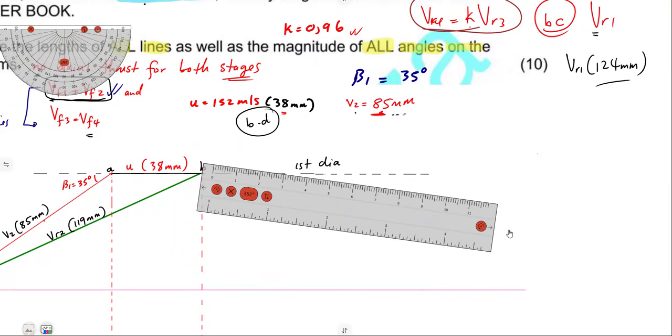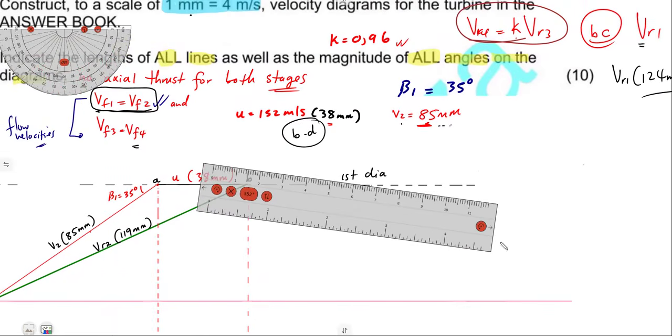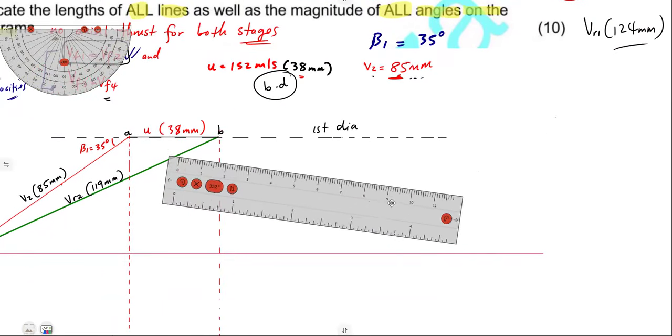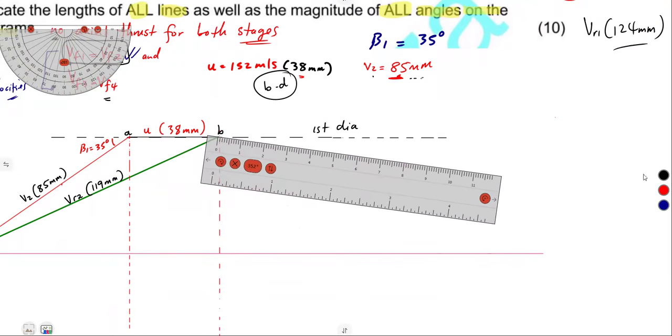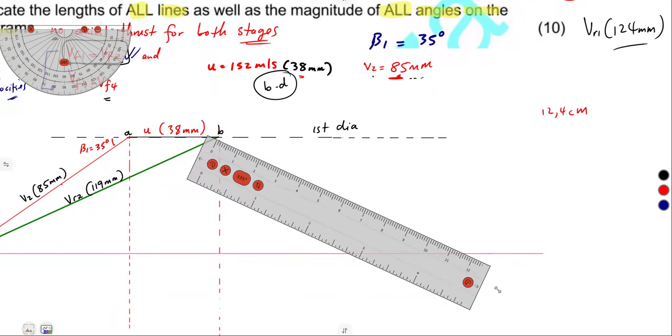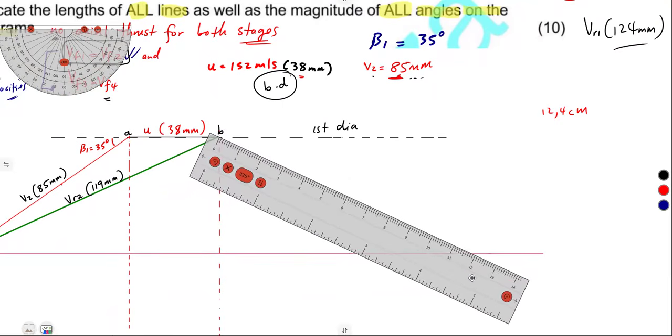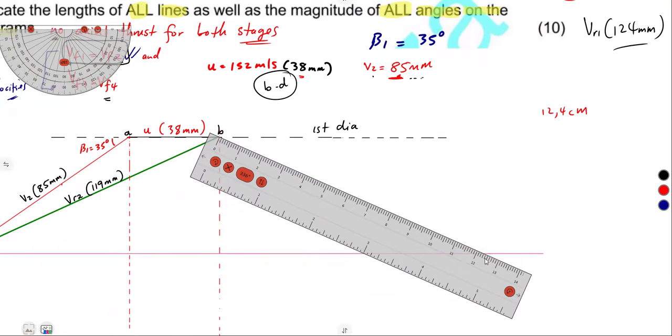These are centimeters, so 124 is 12.4 centimeters. I focus on 12.4 centimeters, where it is going to meet this horizontal line, somewhere here. Yes, something like this.